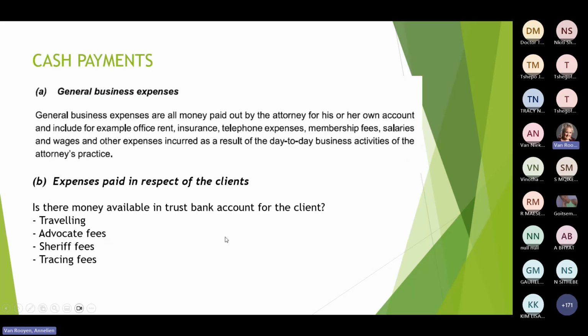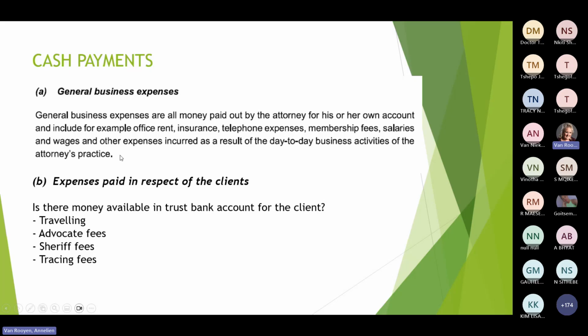Now, the cash payments, if we pay anything, like I've said previously, from the normal business expenses, we can have office rent, insurance, telephone, membership fees, salaries and wages, anything that has to do with daily activities.